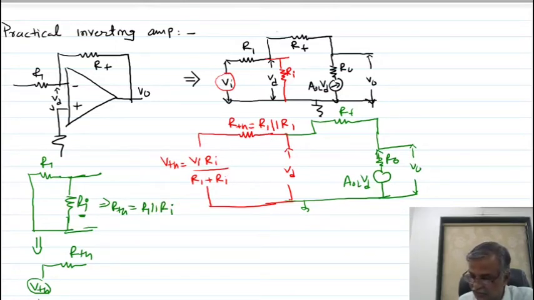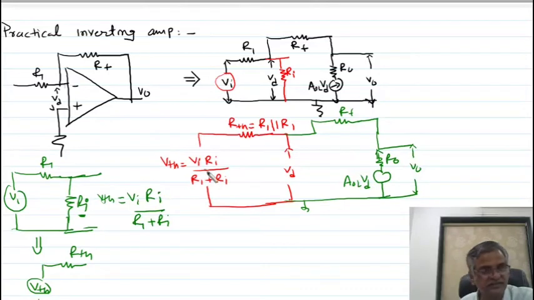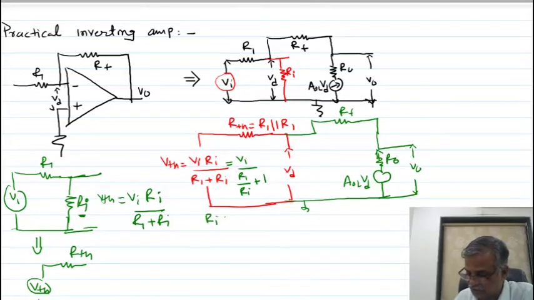And Vth I have already explained to you. See, Vth is this. So this circuit can be represented by this. Look here, Vth is Vi into Ri upon R1 plus Ri. Ri is much greater than R1.